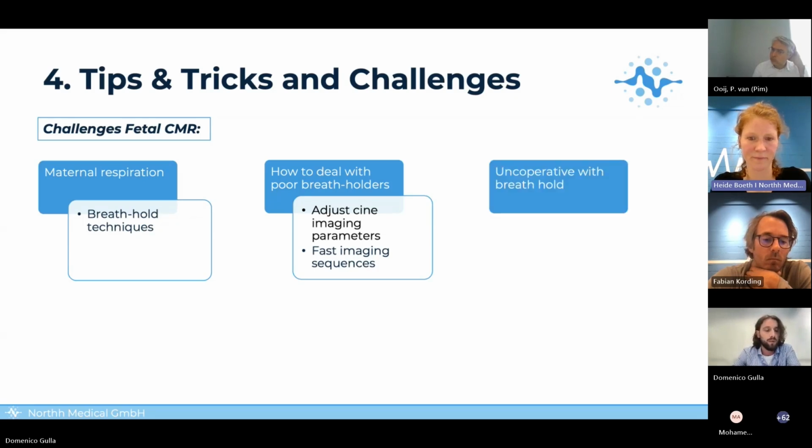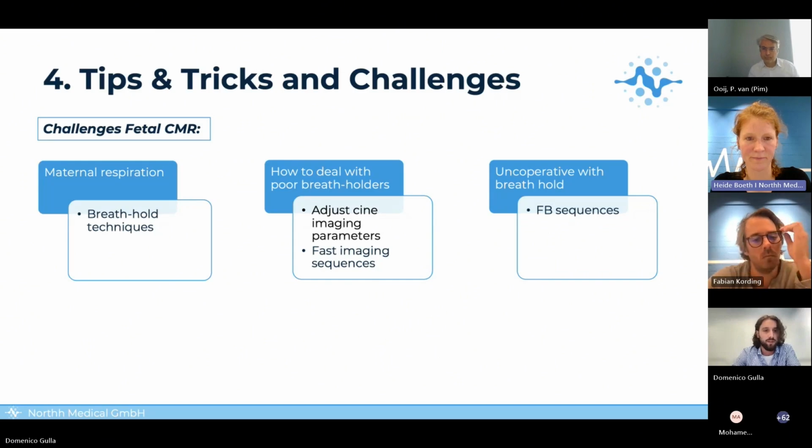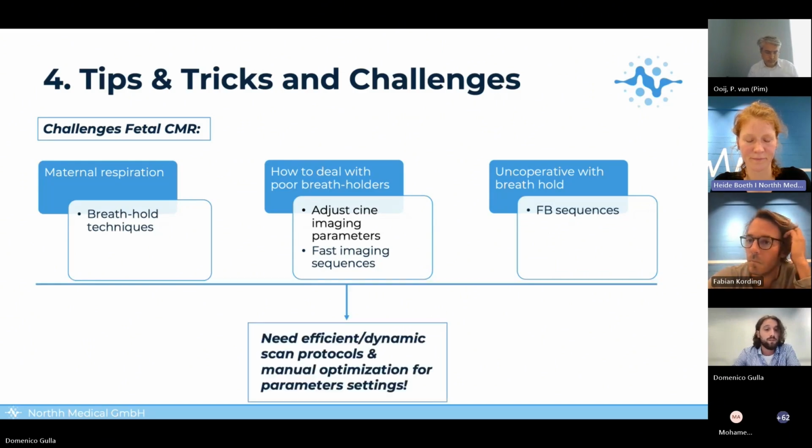And then another challenge is an uncooperative patient with breath hold. In this case, the only option is to use free breathing sequences. And this is important because we need to understand that fetal cardiac MRI requires an efficient and dynamic scan protocol, and also sometimes we need to optimize the parameters manually.